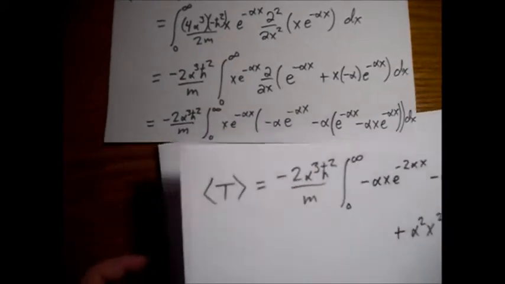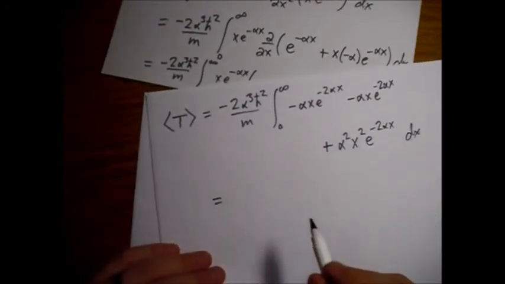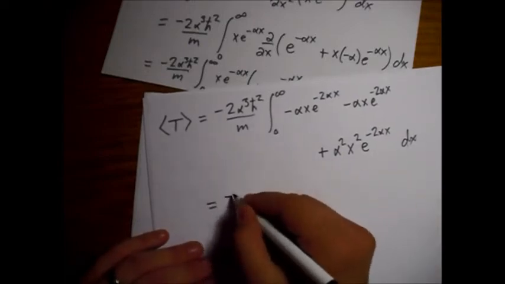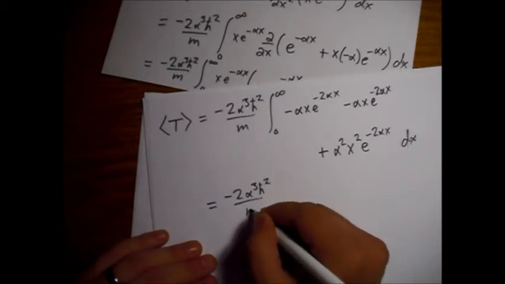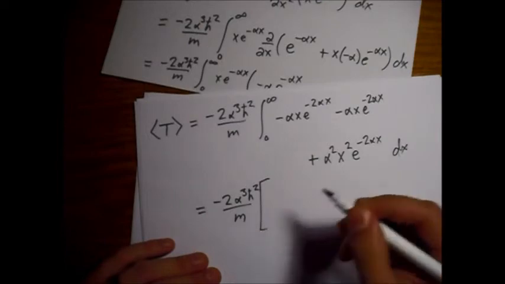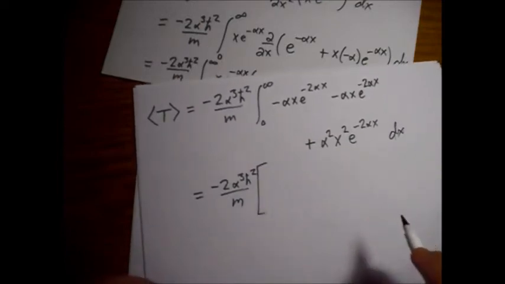All right, so let's go ahead and see what we can do here. So we have a minus 2 alpha cubed h bar squared over m. We are now going to bring out the braces, the brackets.